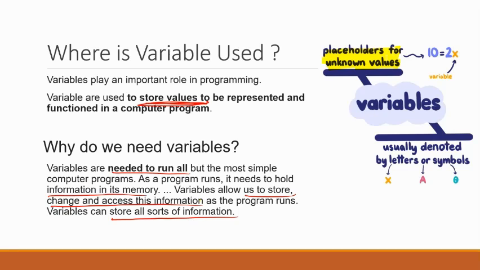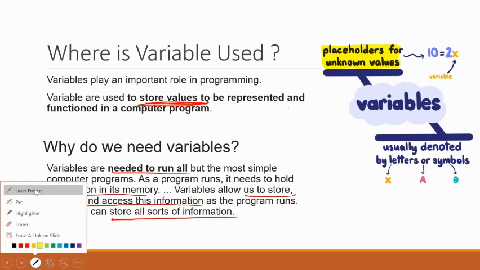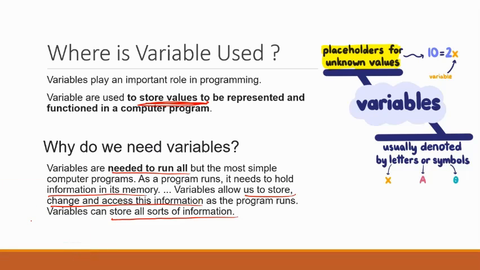We have variables in maths, in computers, and in programming and many other things. In this example, they are telling us that a variable is a placeholder for unknown values. So you can see 10 is the value, and this 2x is the variable.